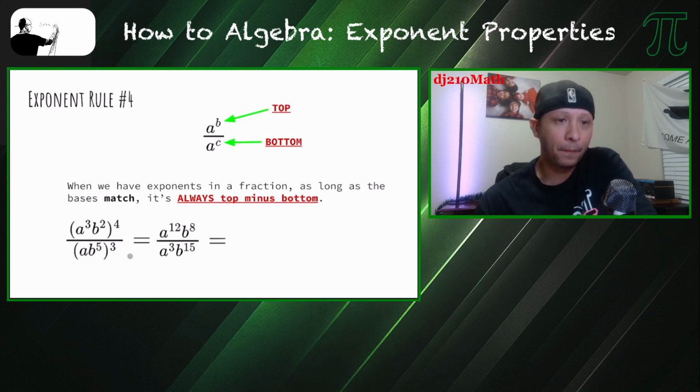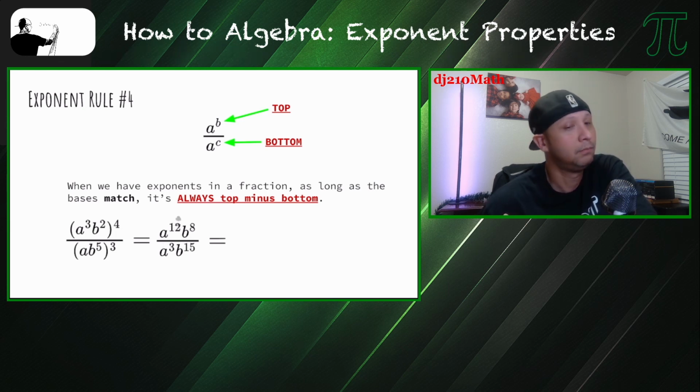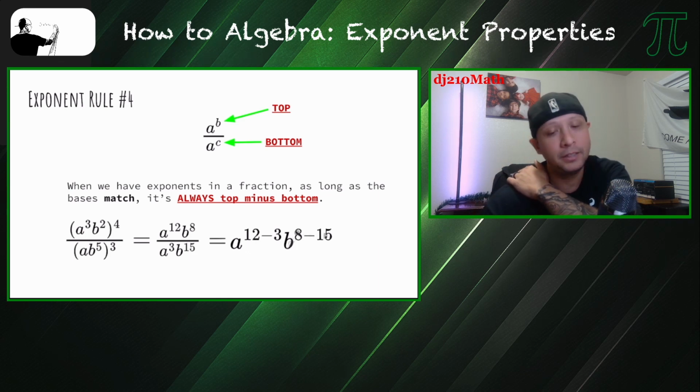All right. If we do the top minus the bottom for the common bases, we're going to get a: 12 minus 3, and b: 8 minus 15. So 12 minus 3 is 9, and 8 minus 15 is going to be negative 7.